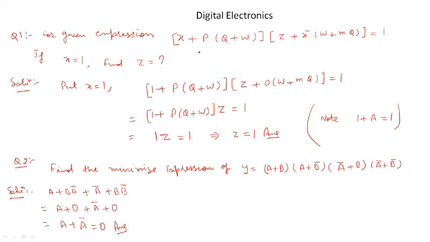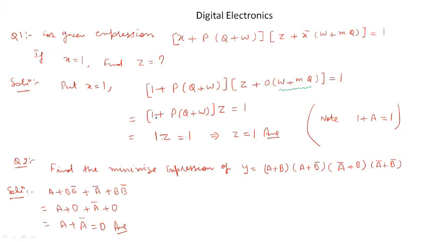The first problem is that x plus p in bracket q plus w in bracket, z plus x bar w plus nq in bracket is equal to 1. If x is equal to 1, then we have to find the value of z. See here that when we put the value of x as 1, then we know that x bar will be 0, so we will put 0 here, and 0 into this expression will result in 0.